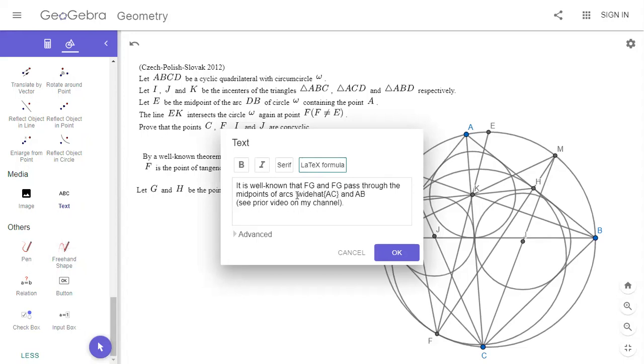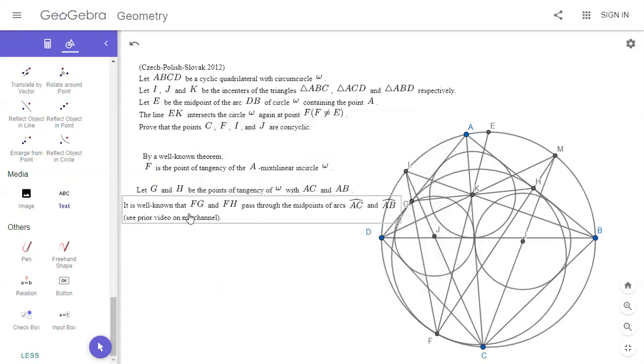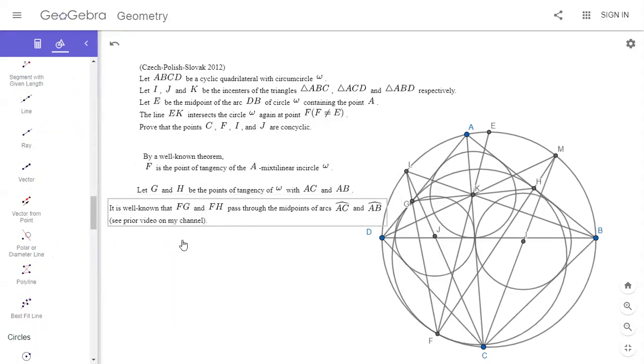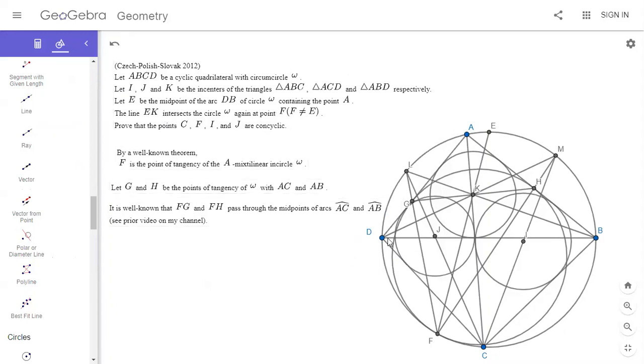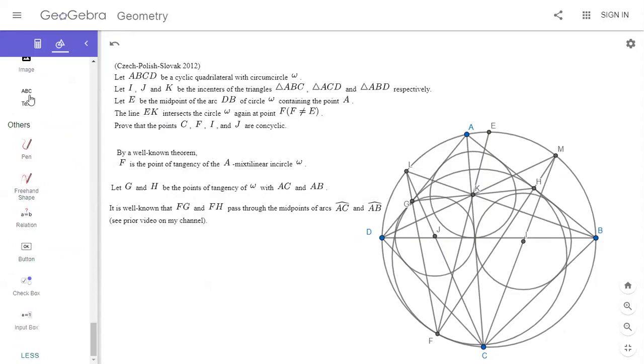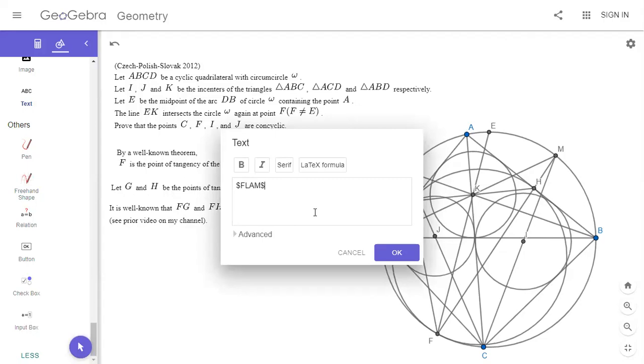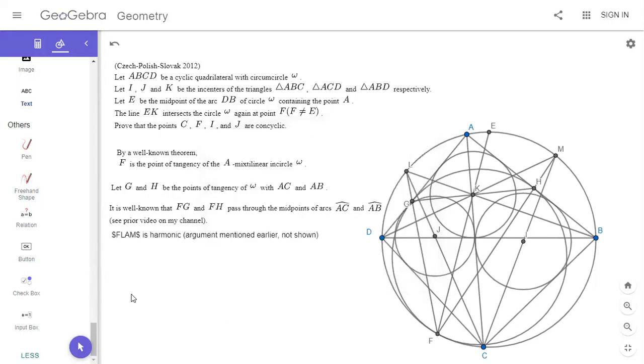All right. Okay. Now, basically, okay, so we want to show, so I'll just say FLAM is harmonic by, so yeah, I'm just going to not show it for now, just because I want to finish writing out the full proof.